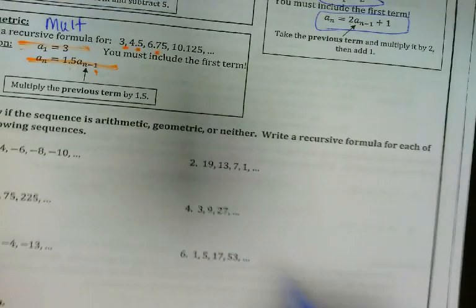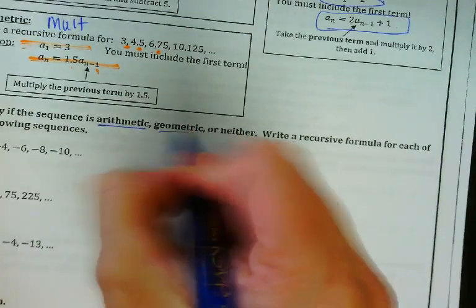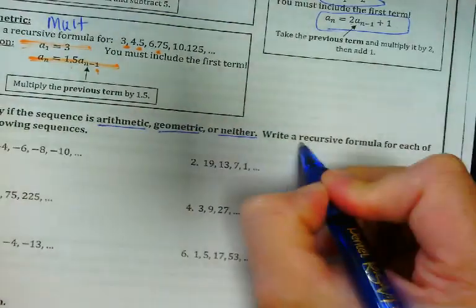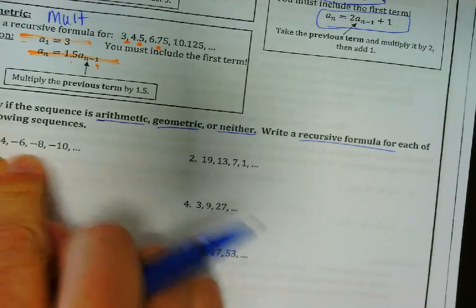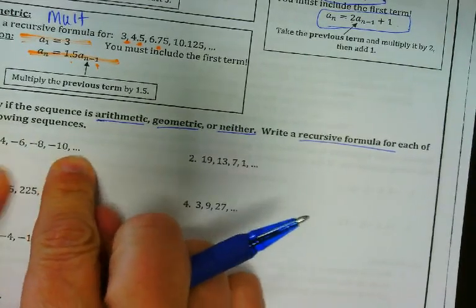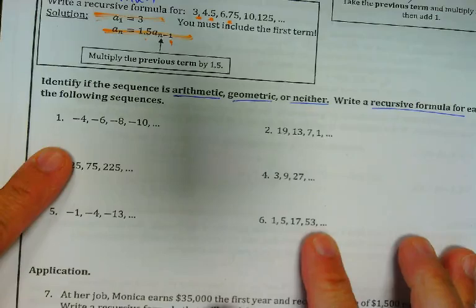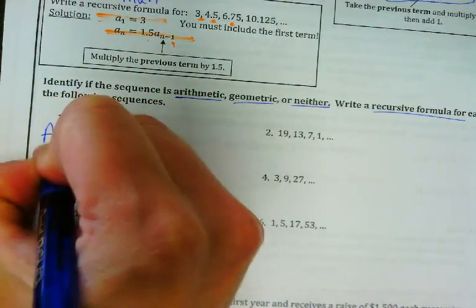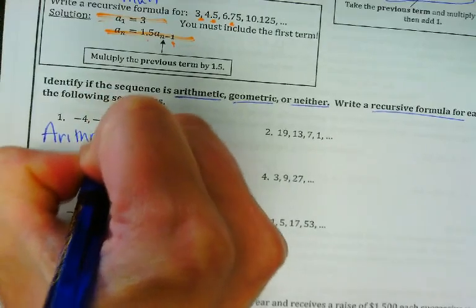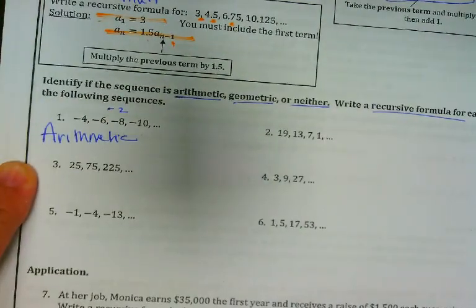So let's work out a few. It says identify if it's arithmetic, geometric, or neither, and then write a recursive formula for each. All right, so if I went from -4 to -6 to -8 to -10, what did we do to make that pattern happen? Subtract 2. So that means it's arithmetic. And we're subtracting 2.